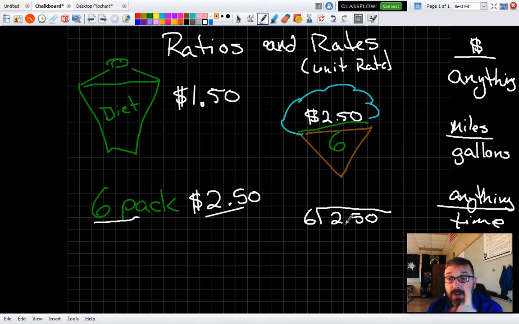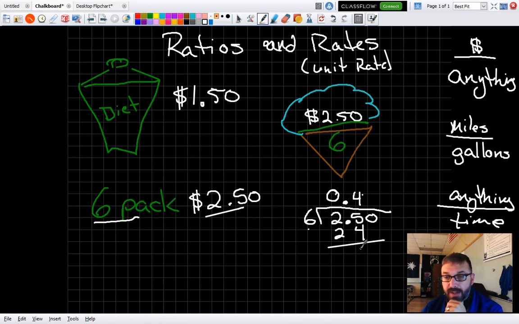Now, how many times does 6 go into 2? Very careful. You must line up your numbers. You must line up your decimals. So go ahead and put the 0 there. Recognize I have a decimal. Because there's a decimal on the bottom, I have to put a decimal on the top. Now I'm ready to ask the question. How many times does 6 go into 25? Well, that would be 4. 4 times 6 is 24.